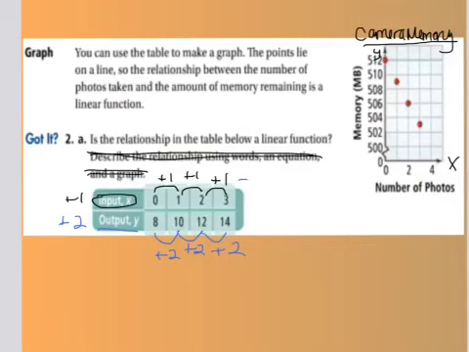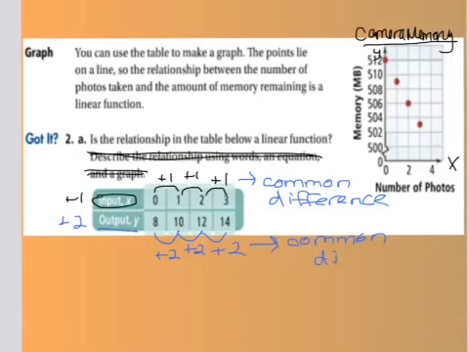Now, the rate of change here, when you add the same number every time, that number is called the common difference. And we're going to talk about this more in the future. But just to mention it now, when the x and the y both have a common difference, that means that the function is linear. So in other words, let's say that this last number here were 15.